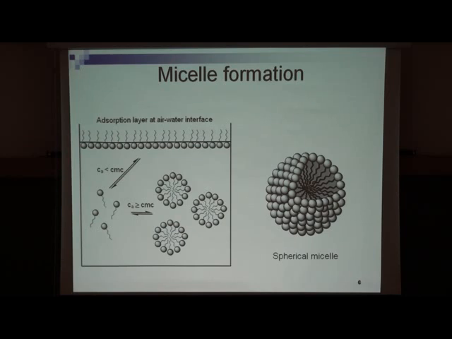And near this concentration, or above this concentration, micelles start to form, and this concentration is called the critical micelle concentration. And near and at this concentration, micelles are spherical in shape.